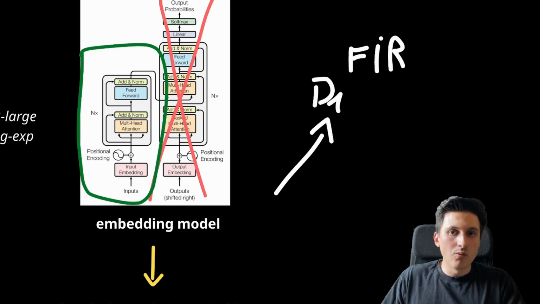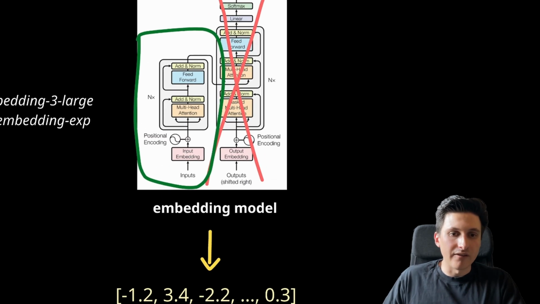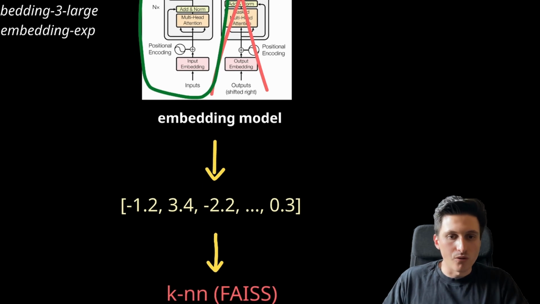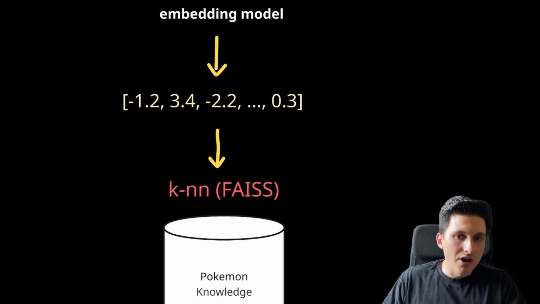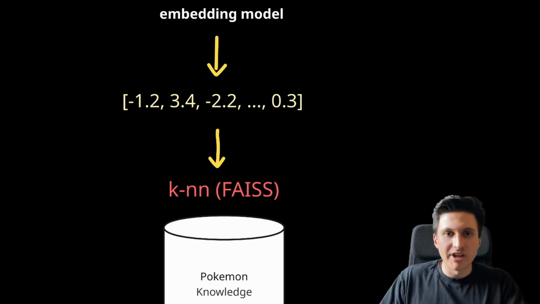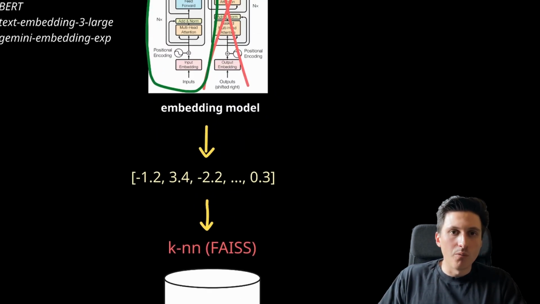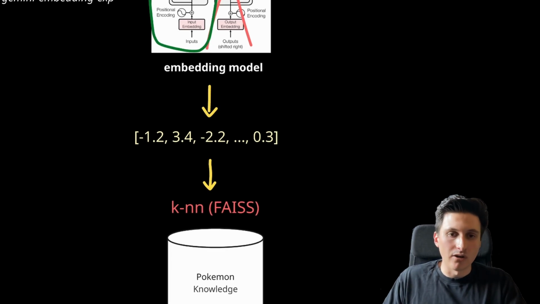So this is basically what an embedder does: turn each sentence into a vector, and then we can use some distance metric on these vectors, for example the cosine distance or cosine similarity, and then use an algorithm such as k nearest neighbors or its approximation, which is also called FAISS. FAISS is a way to search for approximate nearest neighbors, and then just return the documents which are also passed through our embedding model, and return the documents which are semantically the closest.